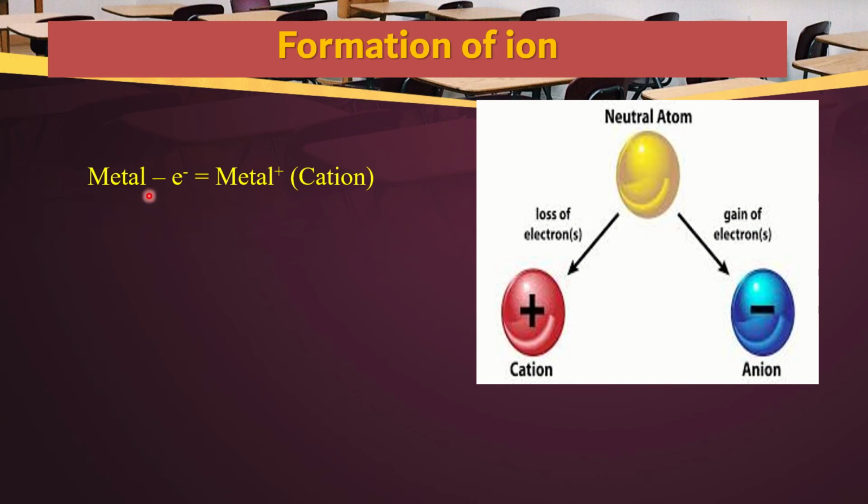And we know that metal will form cation because metal always releases electron. So metal minus electron, that means metal releases electron and it will form metal plus, that means cation. In the same way, non-metal will always accept electron. So non-metal plus electron, that means electron is added to non-metal, and non-metal will form non-metal minus, that means anion.